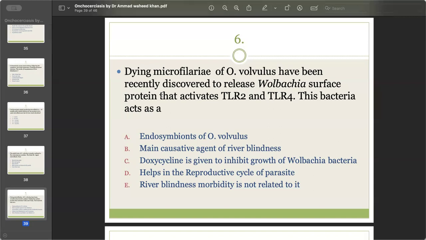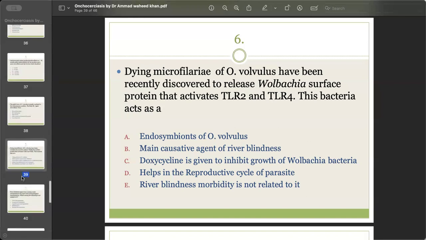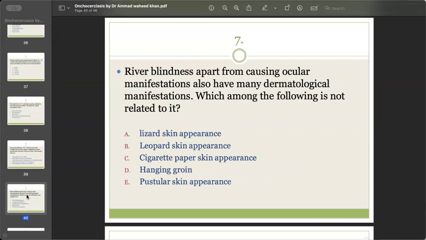This bacteria acts as option A, endosymbiont of O. volvulus; option B, main causative agent of river blindness; option C, doxycycline is given to inhibit growth of Wolbachia bacteria; option D, helps in reproductive cycle of parasite; option E, river blindness morbidity is not reduced related to it. B is the right answer.